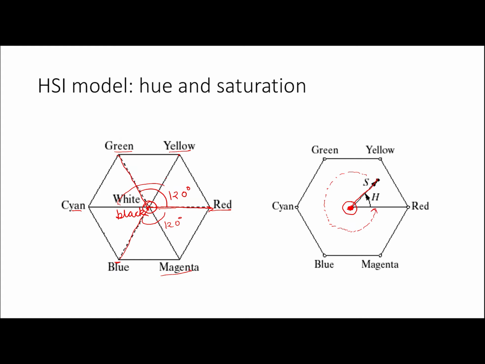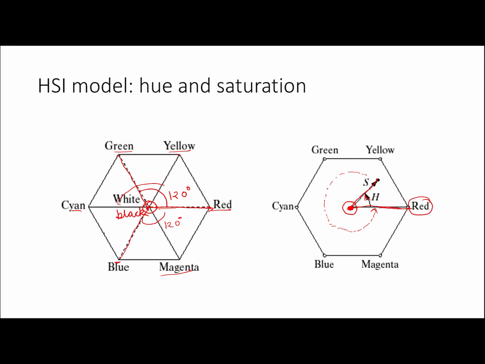Now this gave us a hint of how we can find the hue associated with a particular color point specified in the RGB color space. The hue can be computed as the angle between the straight line, which is the projection of the shaded plane, and one of the primary colors. Normally this primary color is taken as red, and this angle is measured in the anti-clockwise direction.